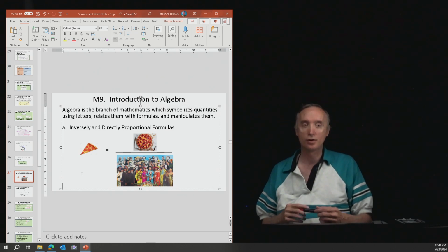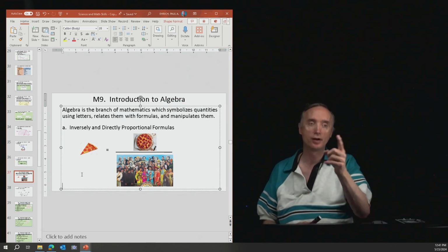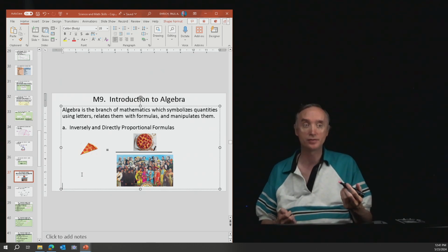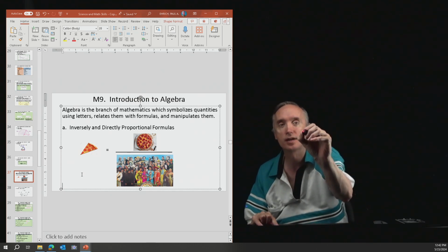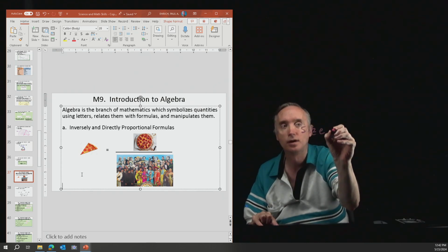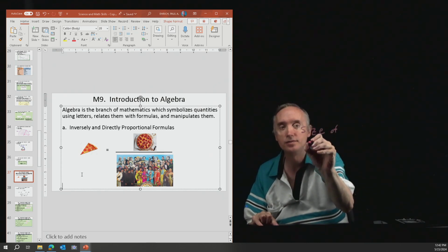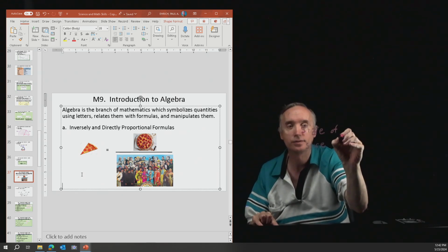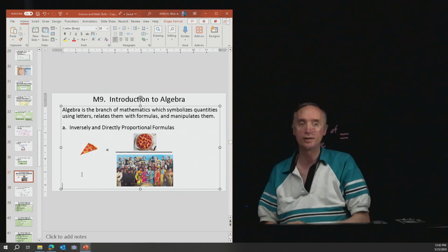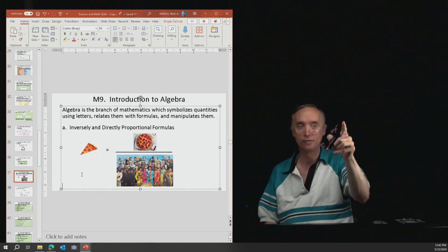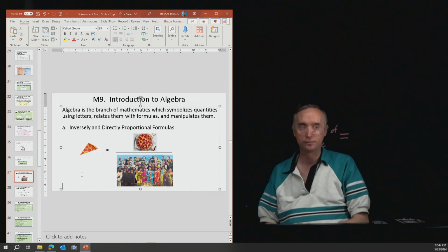Okay, so what is the thing that is over there on the left-hand side? That's a slice of pizza. So we could say that the size of the slice of pizza that you get is equal to what? What does it depend on? So what's the picture that's above the horizontal line there?